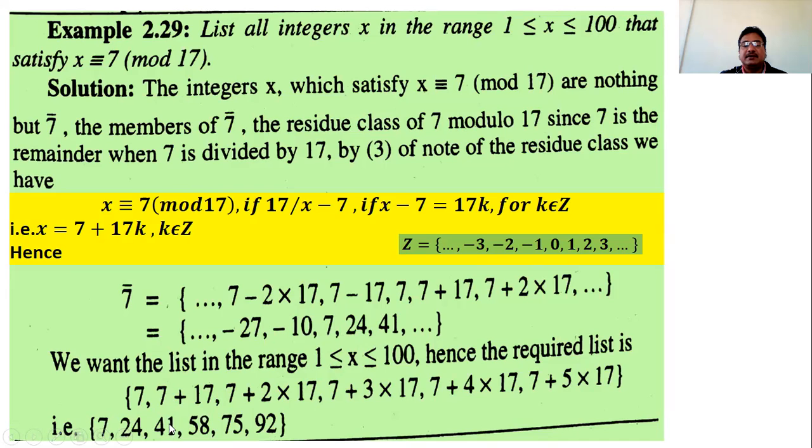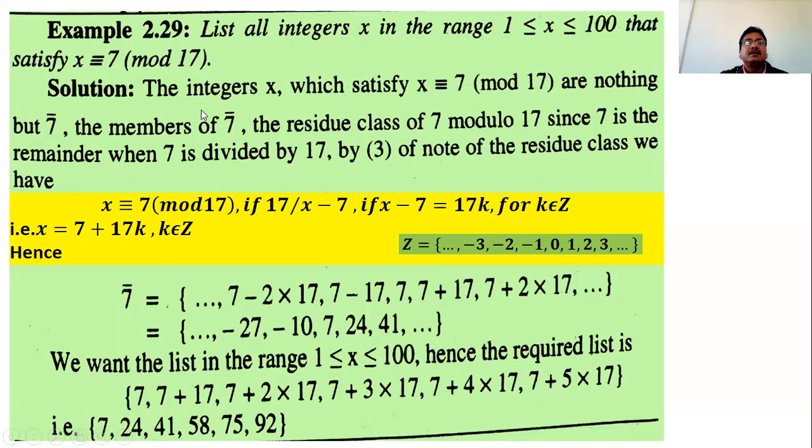Then substitute k as 3 in the formula x = 7 + 17k: we have 7 + 3 × 17, 7 + 4 × 17, then 7 + 5 × 17. These are the elements that lie in the range 1 to 100 and are congruent to 7 mod 17.